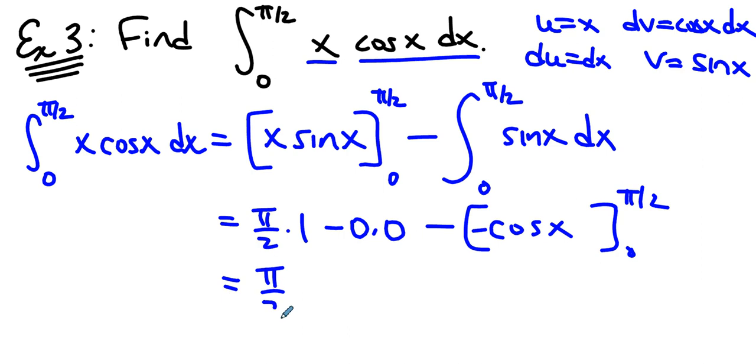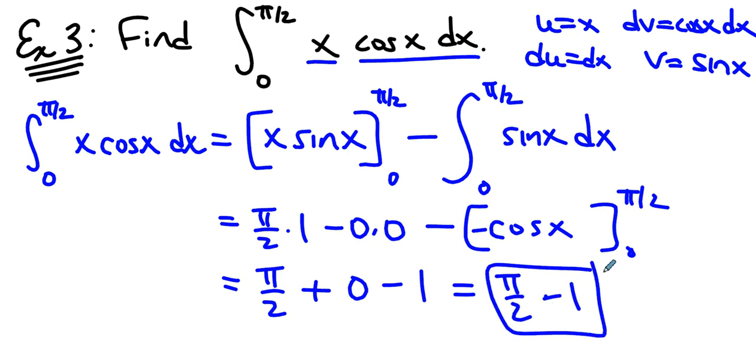So that's pi over 2 plus cosine of pi over 2 minus cosine of 0. Done. You get a numerical answer.